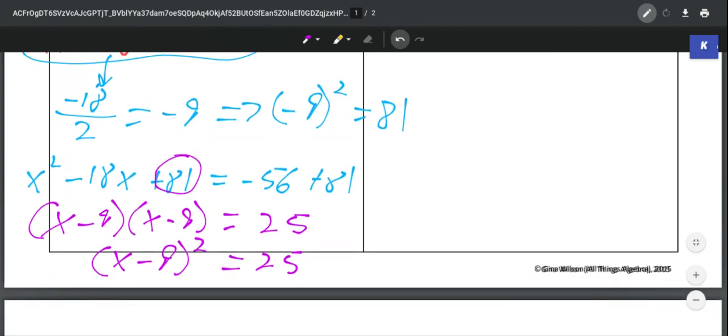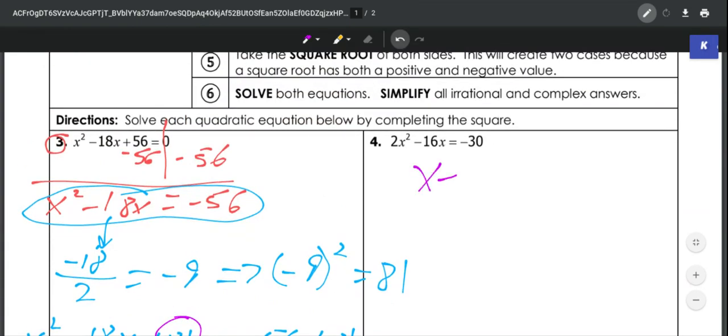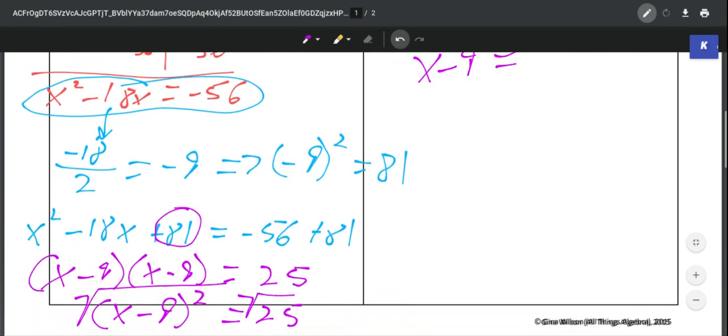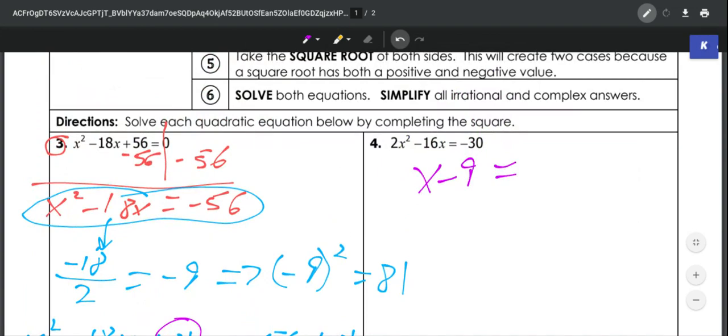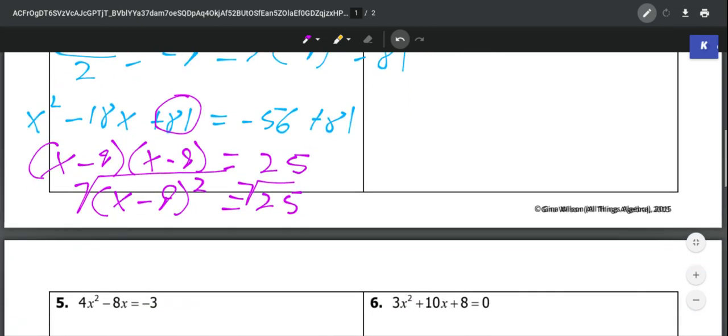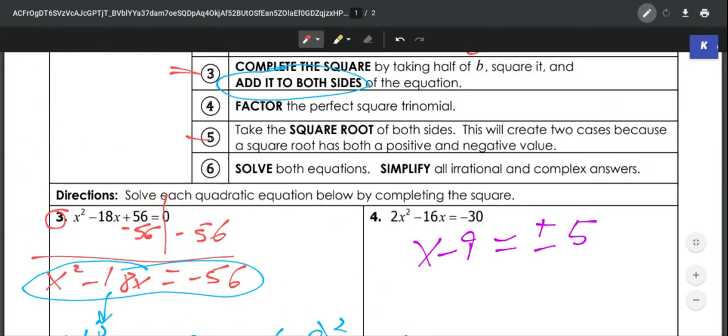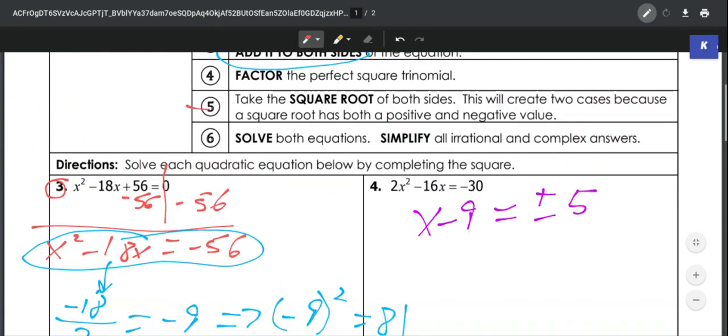Now that we've gotten to x minus 9 squared equal to something, we can take the square root of both sides, and that will leave us with x minus 9 is equal to the square root of 25, which would be plus or minus 5. So essentially, once we got to this point and factored it out, all we did was step 5, which was take the square root of both sides.